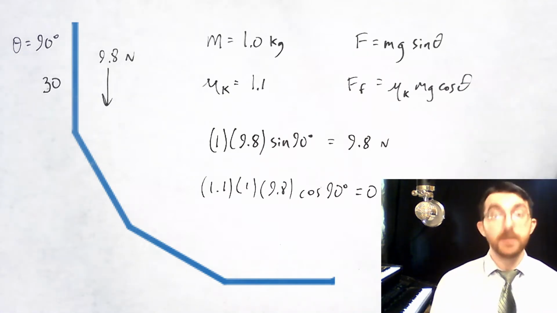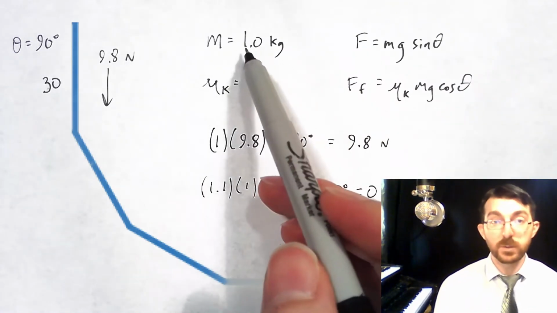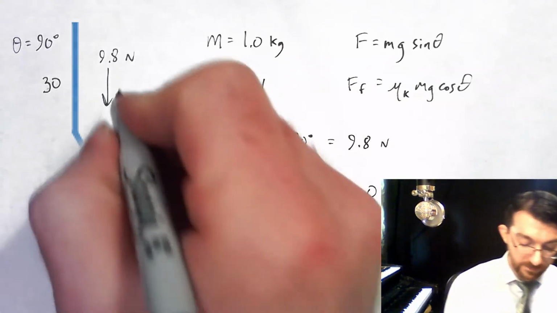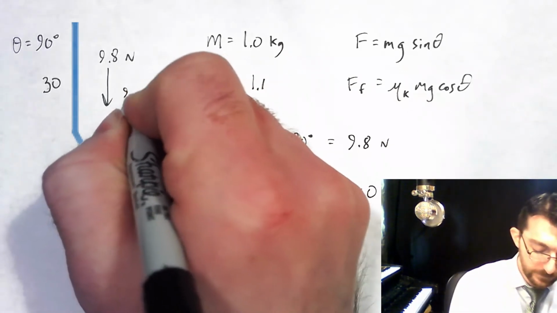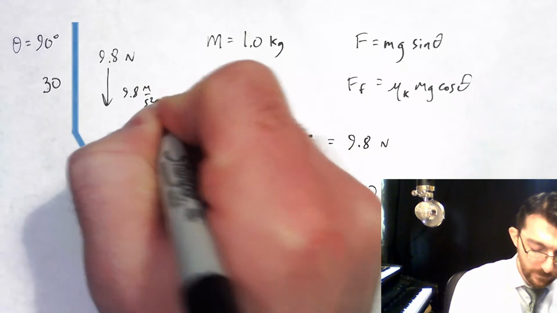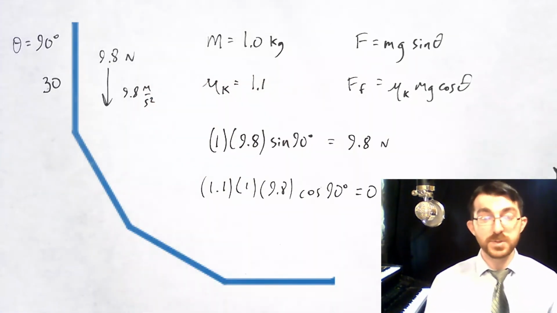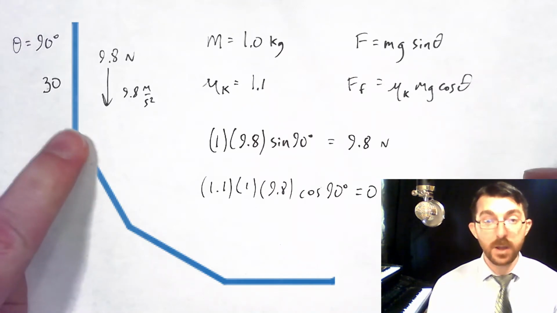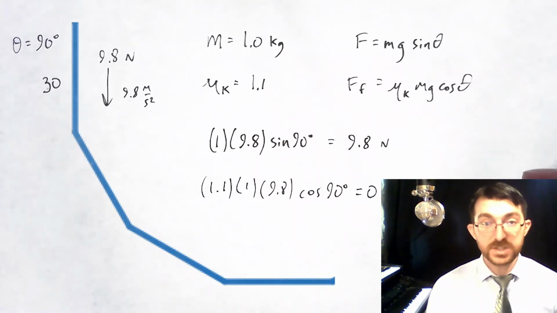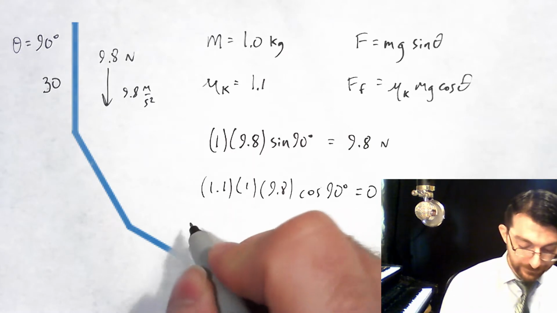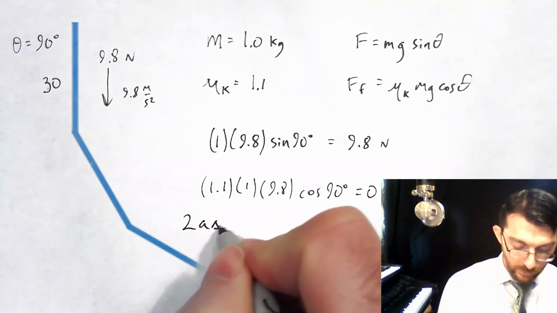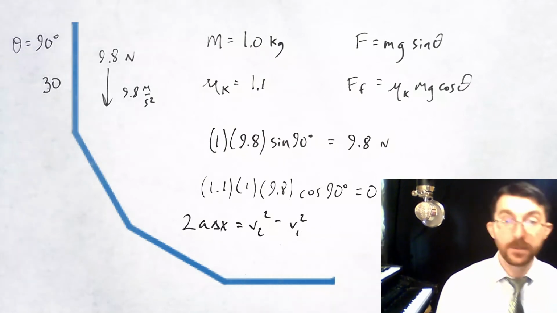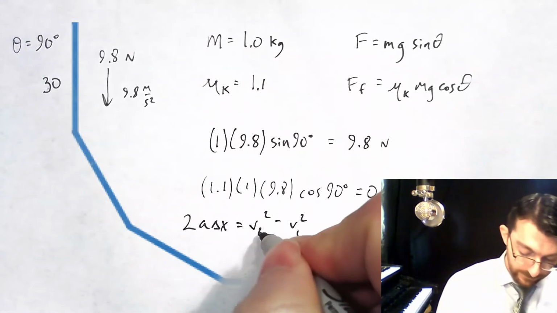Well, luckily, because our mass is only 1 kilogram, that 9.8 newtons also means an acceleration of 9.8 meters per second squared. So if we want to know how fast it's going right there, we just need to use that equation 2a delta x equals v2 squared minus v1 squared.